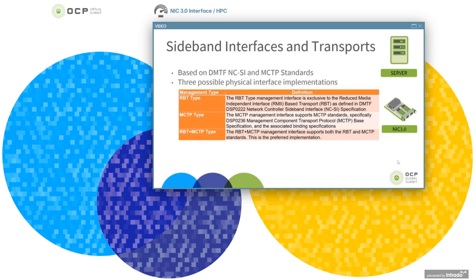So for OCP NIC 3.0, the communication for management is based on these standard transports, and you have three possible implementations: either you implement RBT or MCTP, or you support both.